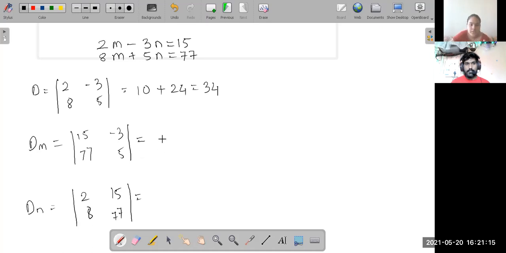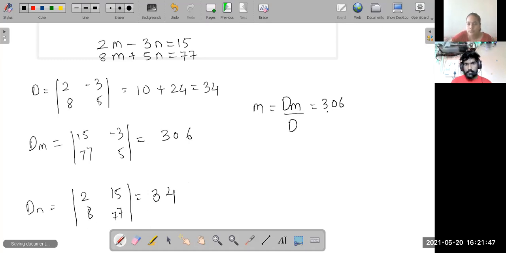Yeah, D is 34, Dm is 306, and Dn is 34. So m is equal to Dm upon D, which is 306 upon 34, which is 9. Correct.